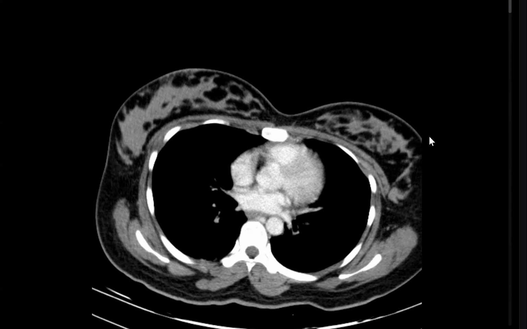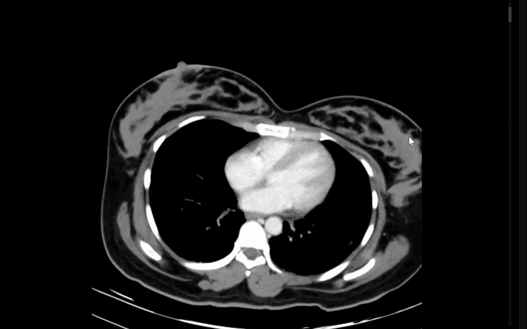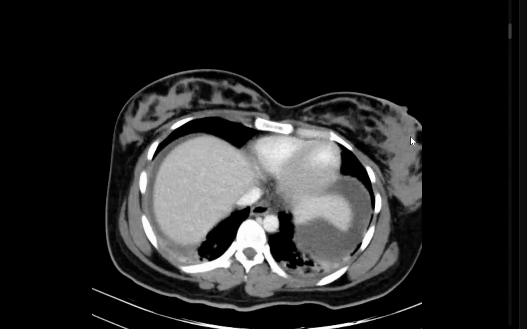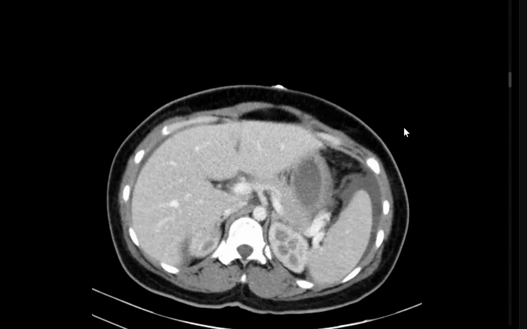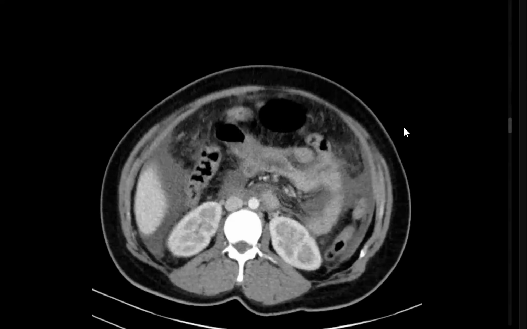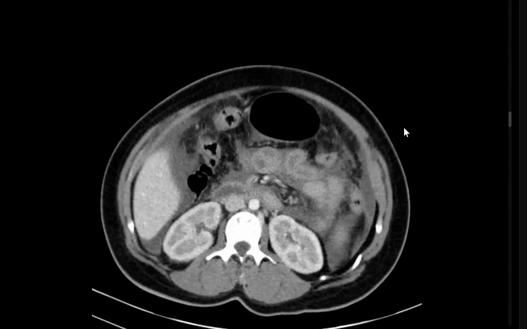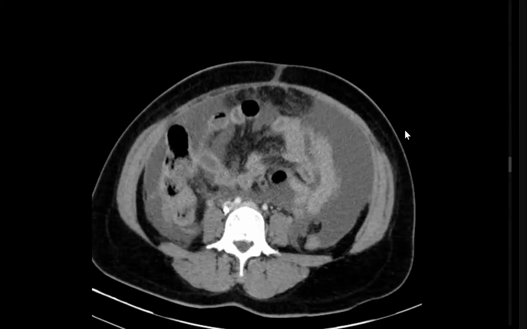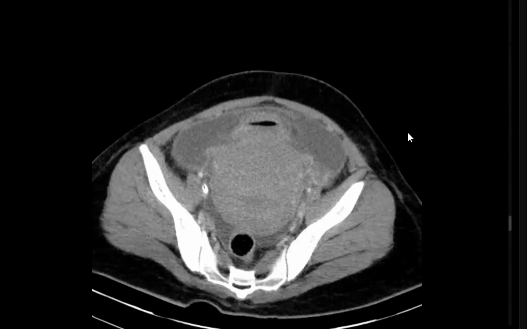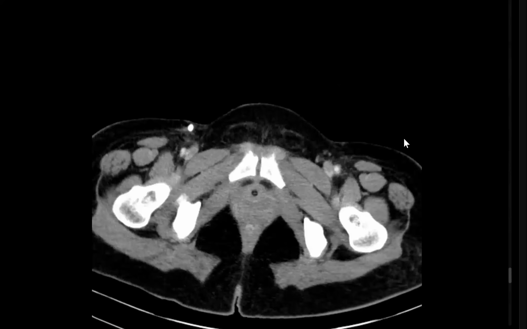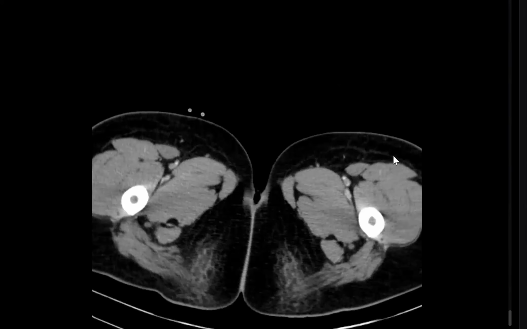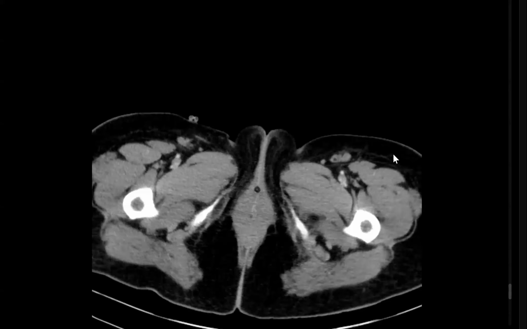I've been presented with axial CT, post contrast in the portovenous phase. I'll go through all of the images first, then I will describe them. There is a moderate amount of free fluid in the abdominopelvic region.